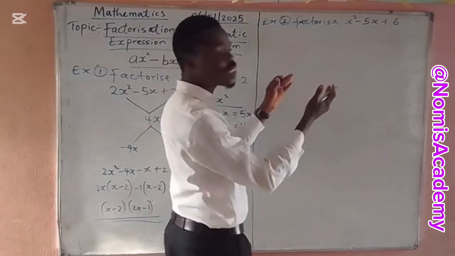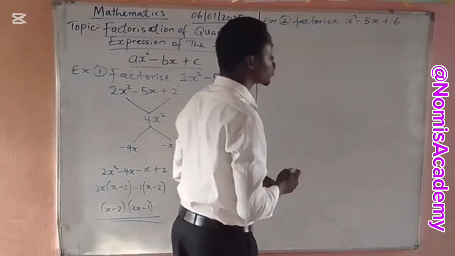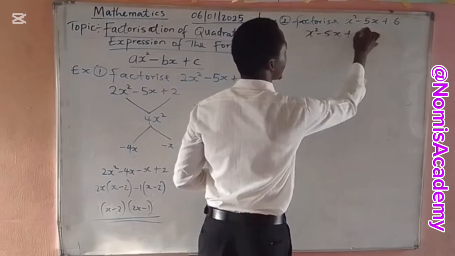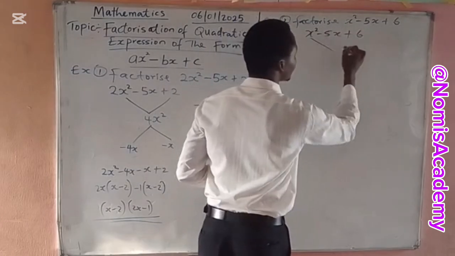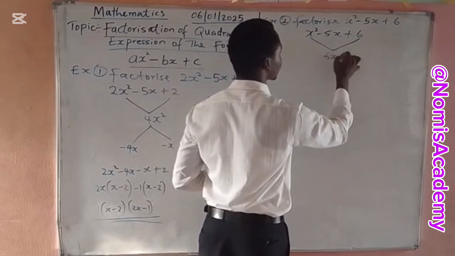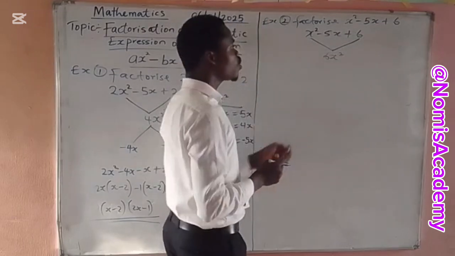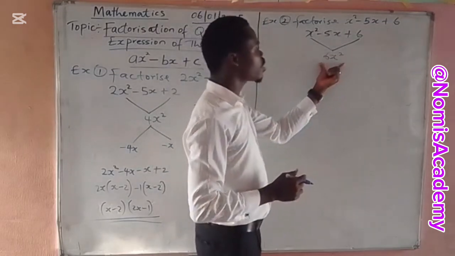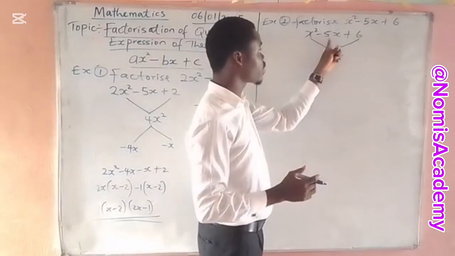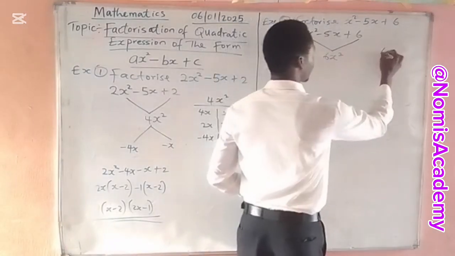Alright, to factorize this quadratic expression, we'll do the same thing just the way we did earlier. Multiplying the first and the last term, that will give us 6x squared. I'm going to look for the factors of 6x squared that sum up to minus 5x.